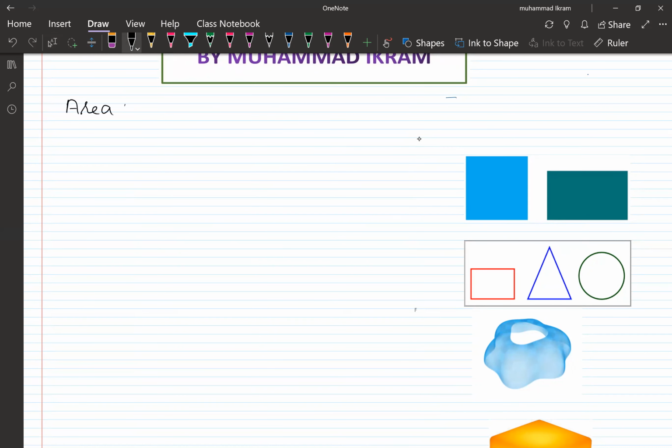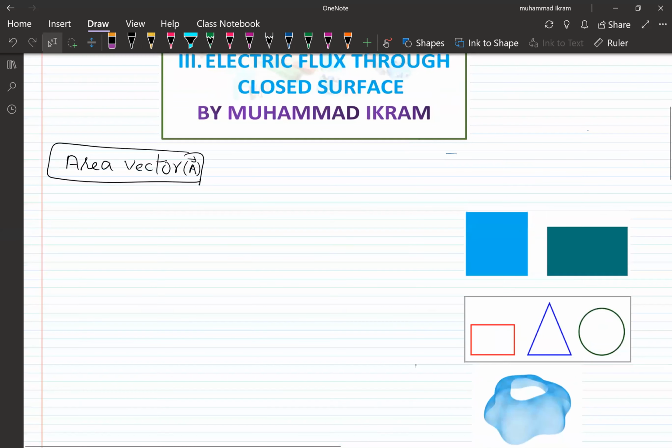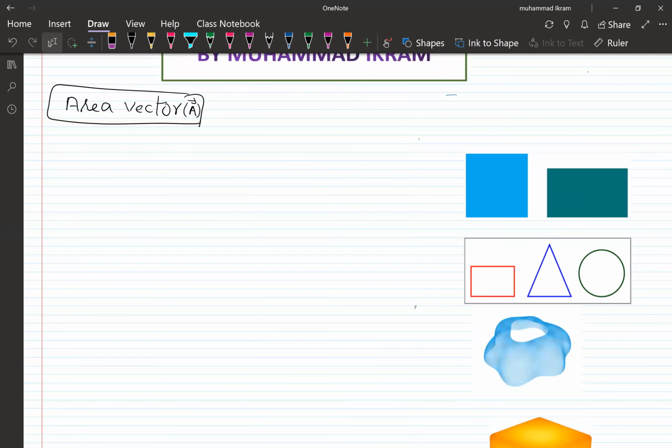What is area vector? This is our topic today. Now let me tell you something about the area first. I already know that it is very easy for you since it is of class 4-6 level.